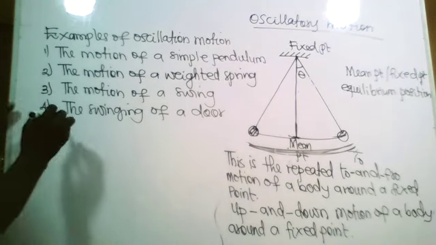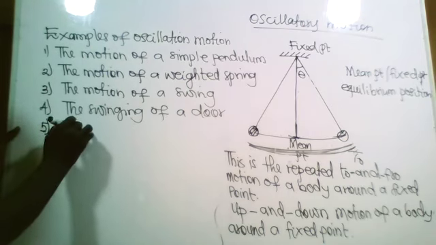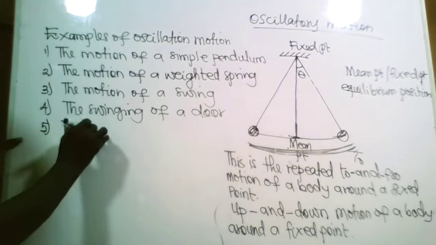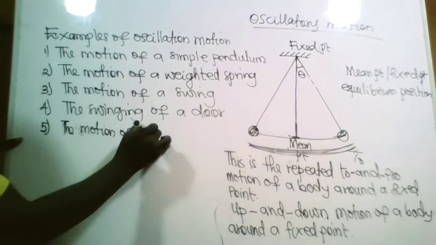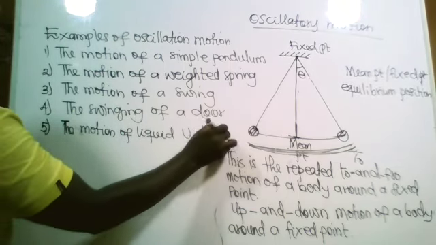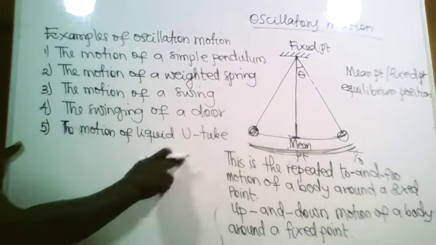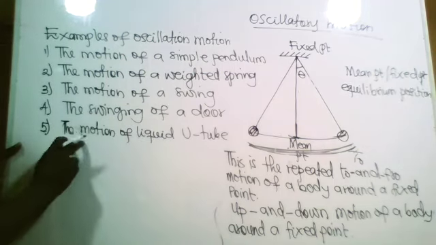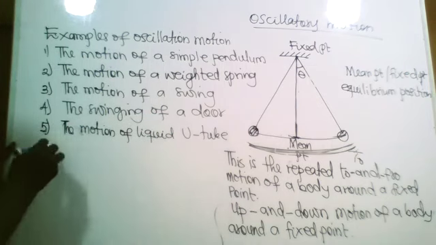Okay, so let me give you more. The motion of liquid in a U-tube, a U-shaped tube. Please, I'm not talking about the social media YouTube. It's like a test tube, but this is shaped like the letter U. When you put liquid within and then you swing it, it will be moving up and down.